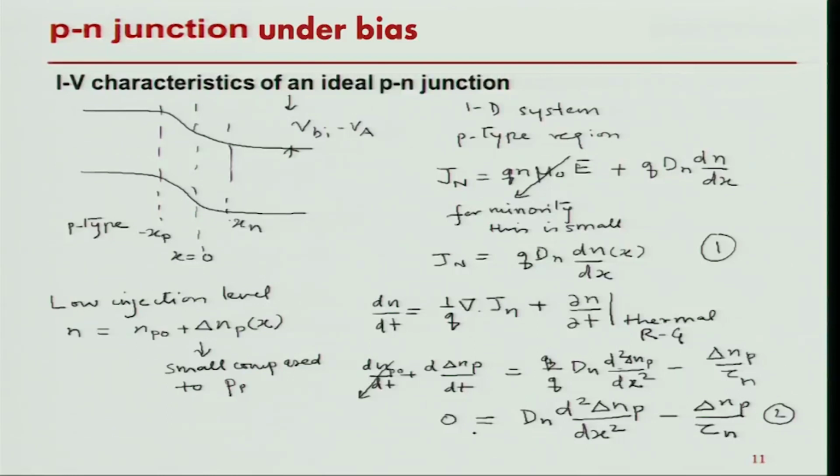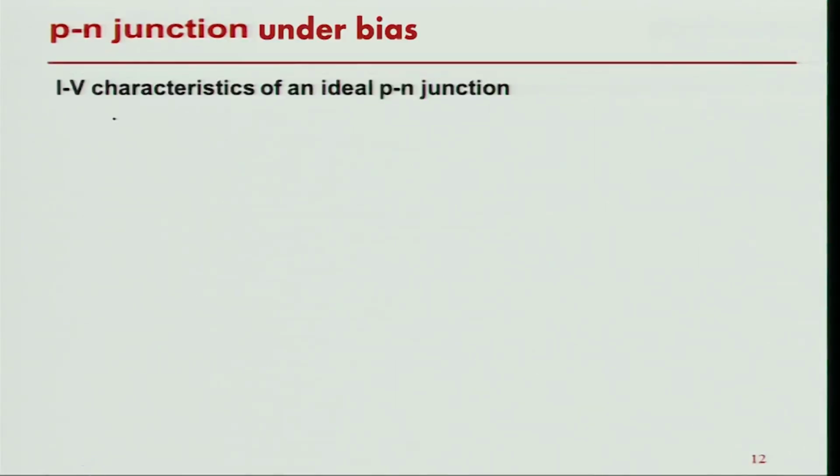In a similar manner, I can write the equation for the n type, which I will just write on the next page. So, the same continuity and current equation for the n type region of the forward bias p-n junction is going to be given by the diffusion current due to holes, and that is going to be given by J of p, the excess holes in the n side.